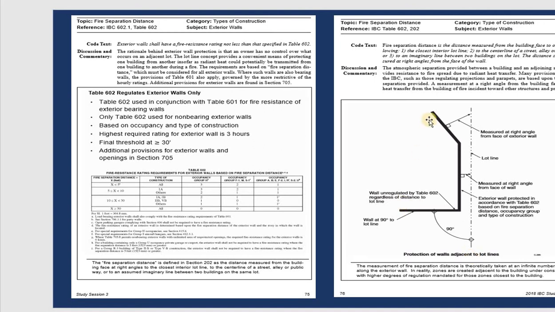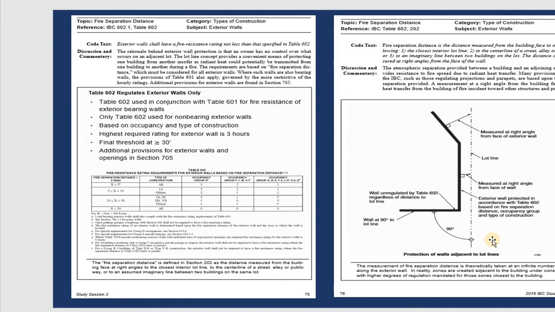So this one you can see that the wall outside here, that's the wall. They need the distance from here. They measure exactly perpendicular from the wall to the boundary, and they make sure the face of the wall is measured to the boundary line. Usually on table 602 they will show you how far, that means the distance between the wall of the building and the boundary line.